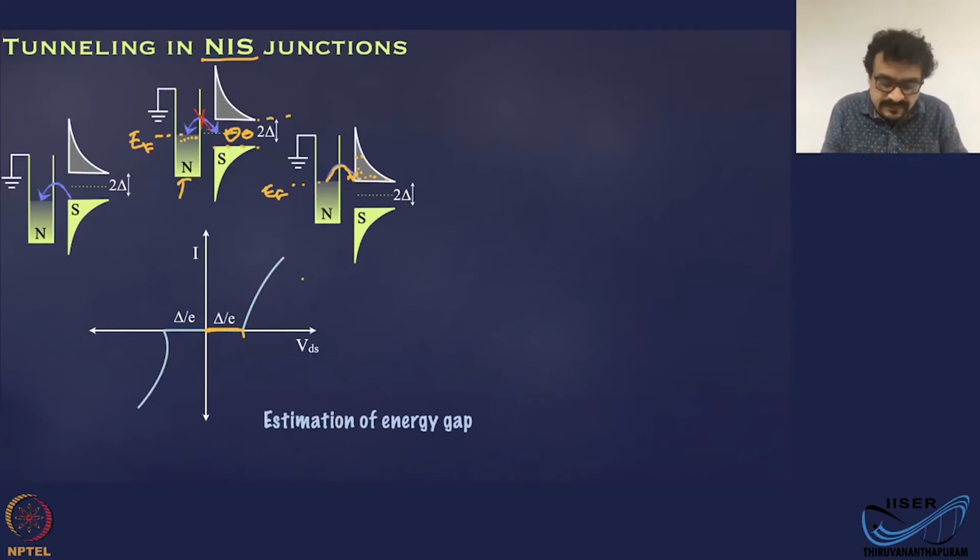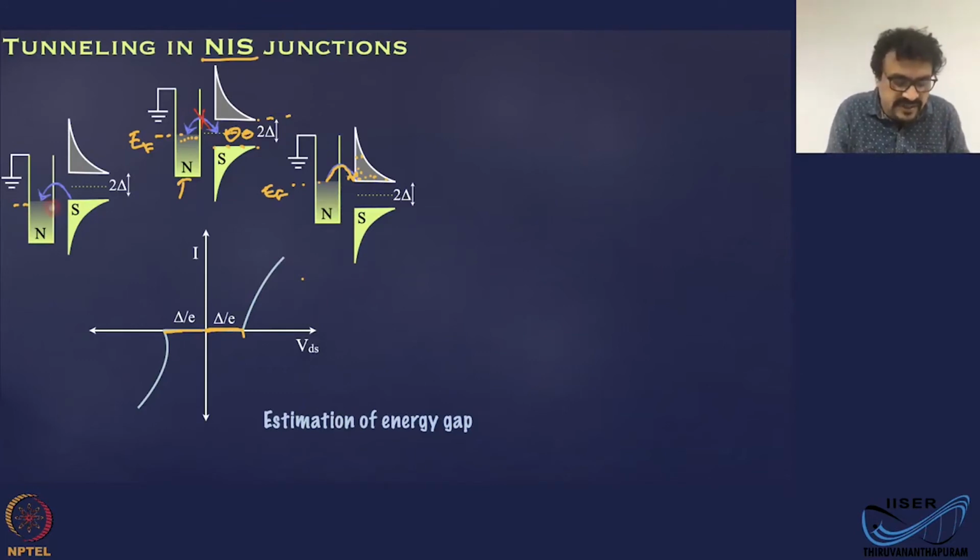So until you slide it by a voltage delta by E, you have no states on the metal side, because all those states are full. Remember, superconductivity is a low temperature phenomenon, so the Fermi function, you can assume, is very sharp. So all the states until EF are filled. So this point is EF.